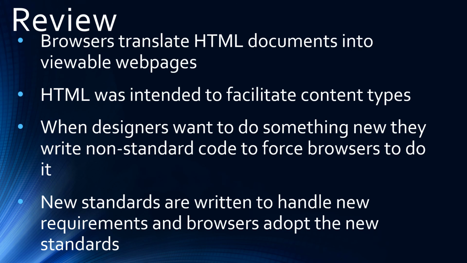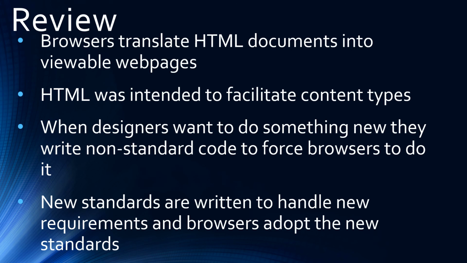So when you think back over this video, there are certain lessons I really hope stick with you. The first is the idea that HTML is not a programming language, but rather a way that browsers can translate documents into viewable web pages. HTML was intended to facilitate many different content types: images, pictures, links, lists, everything along that line.